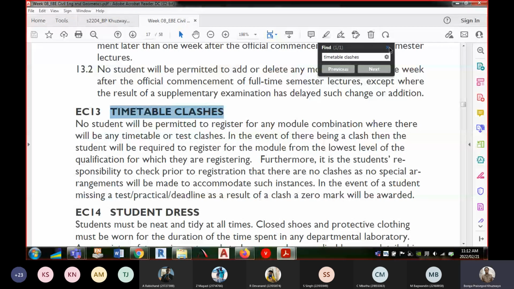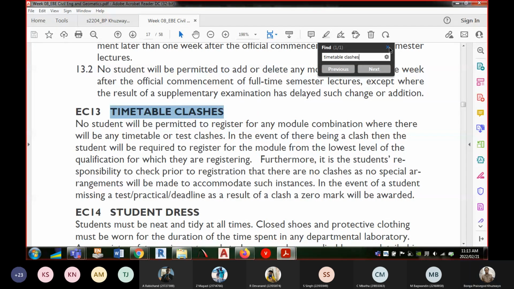Right. So let's proceed, students. In terms of timetable clashes, EC 18, you need to be aware of it. No student will be permitted to register for any module combination where there will be any timetable or test clashes. In the event of there being a clash, then the student will be required to register for a module from the lowest level of the qualification for which they are registering.